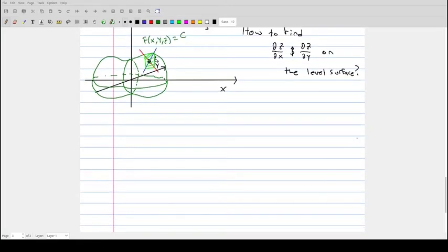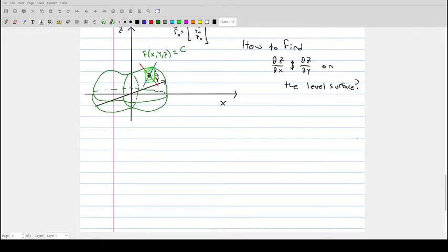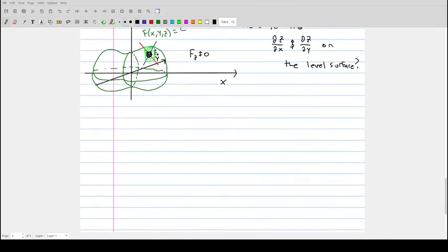We have that the implicit function theorem holds for multivariable functions. Specifically, if you zoom in close enough around any point where the partial derivative of f with respect to z is non-zero in the region, so around the point R naught, then you can express z as a function of x and y.